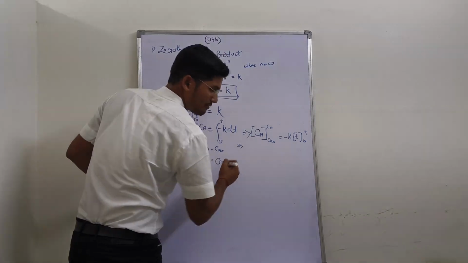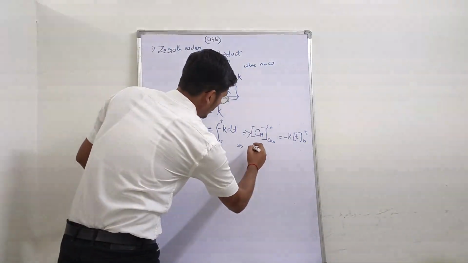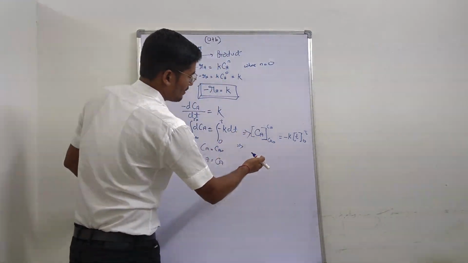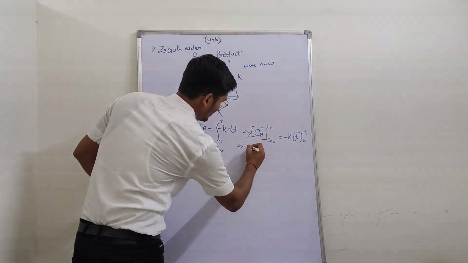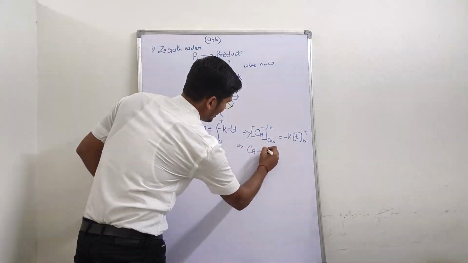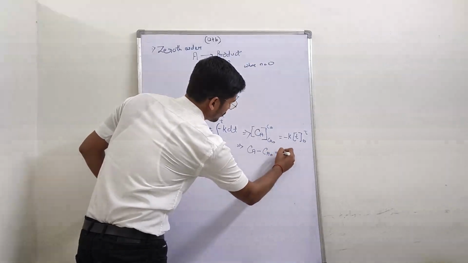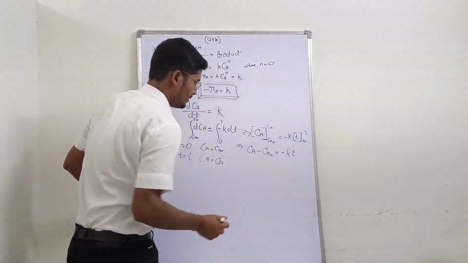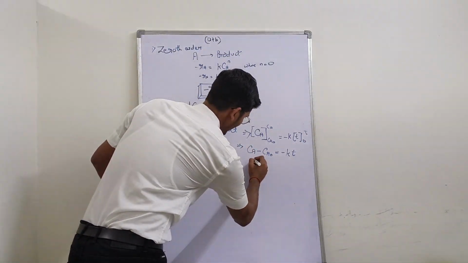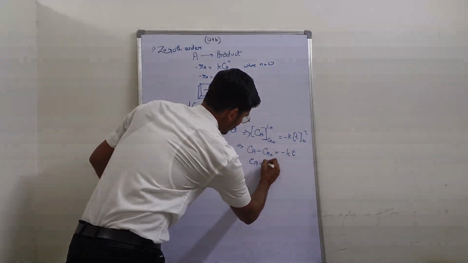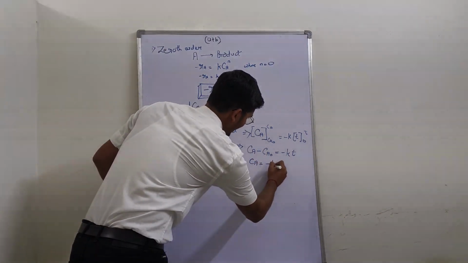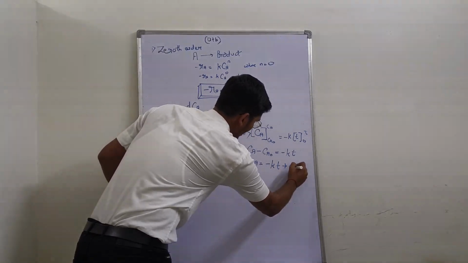I hope everyone is familiar with this integration. So we get C_A minus C_A0 equals minus Kt, which becomes C_A equals minus Kt plus C_A0.